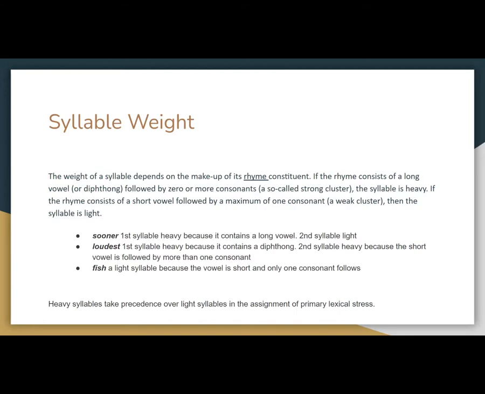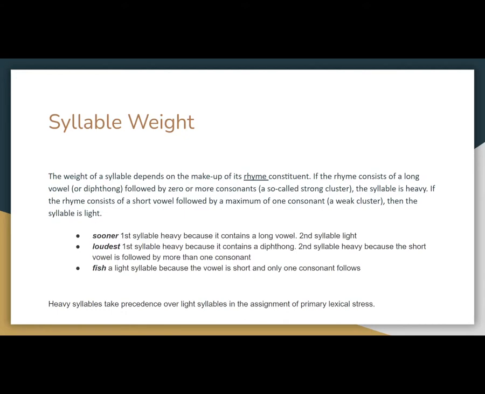If you remember, there's onset, nucleus, and coda of a syllable, and the onset and the coda, you don't have to have those, but you must have a nucleus. You must have the central vowel, of course. So a rhyme is the nucleus plus the coda, or just the nucleus. It's the second part of a syllable.